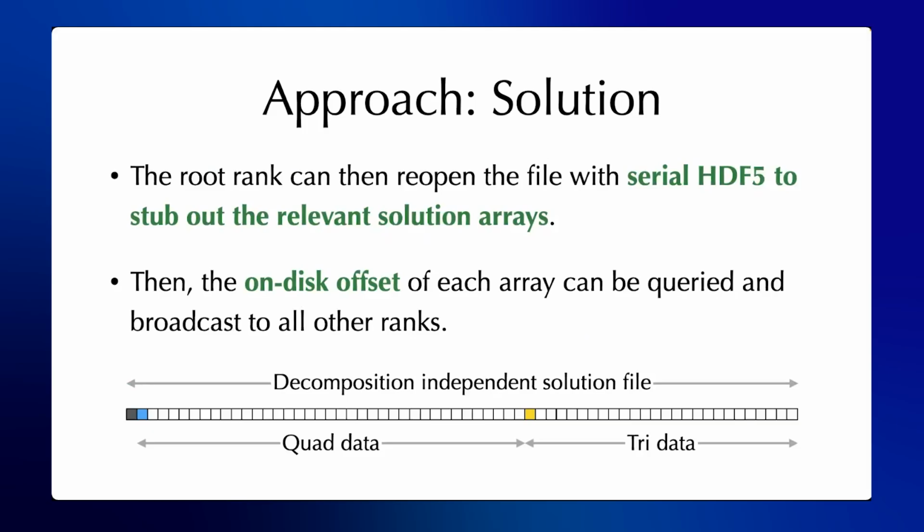So you could absolutely do a CG type approach. You may not have separate quad data, triangle data. You could just have a global set of nodes, and then the all-to-all would say, well, the first rank will write out the first million nodes, the second rank will write out the next million nodes, and you just need a way of figuring out how many nodes you have in total, and then with that total number of nodes, you just need to do the all-to-all exchange just before the writes are done.